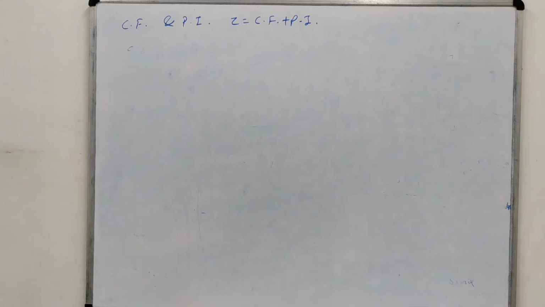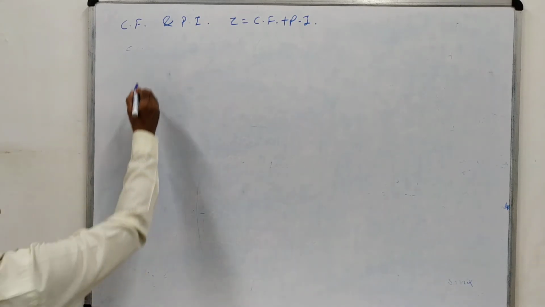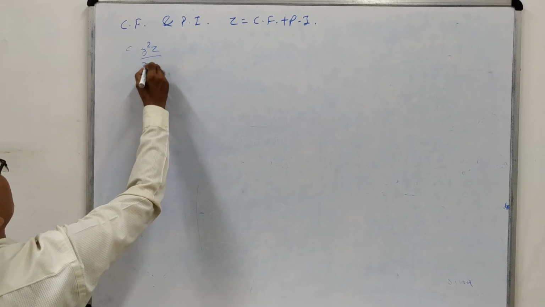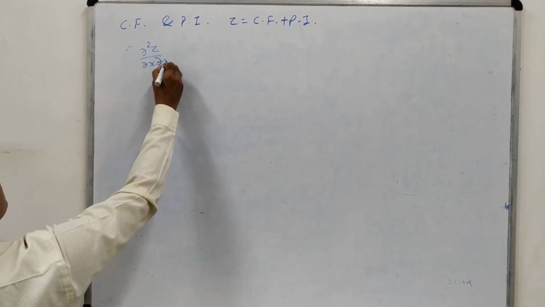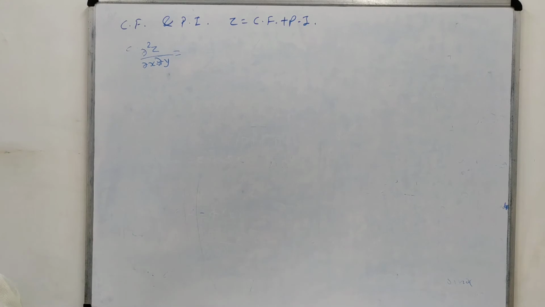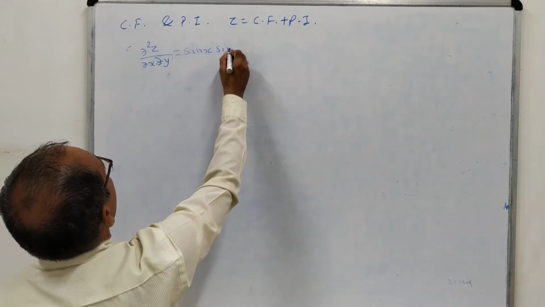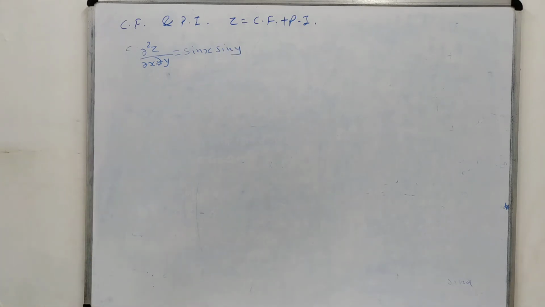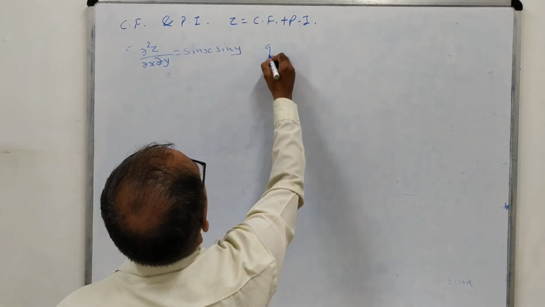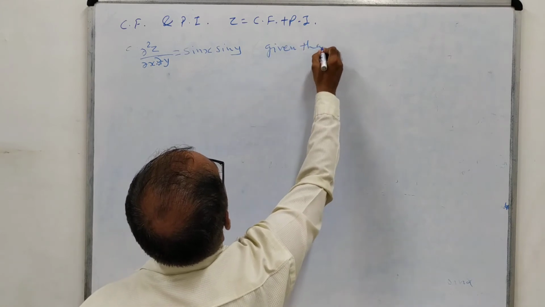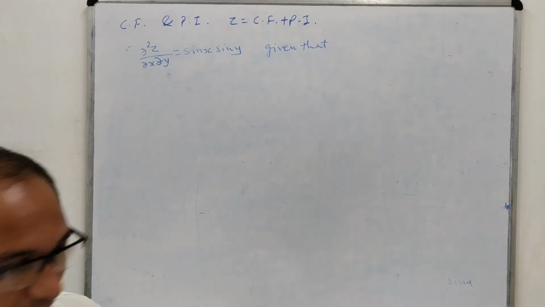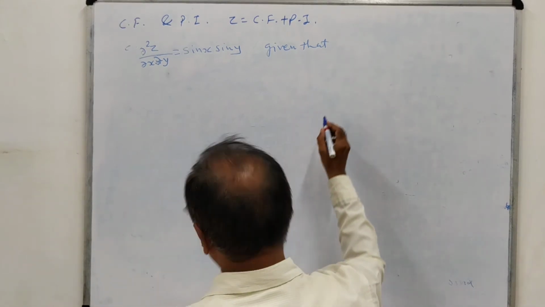Now let us see one more example of this kind, which was asked in an examination. Del square z by del x del y equal to sin x sin y, given that this is slightly different from all the examples we have solved.